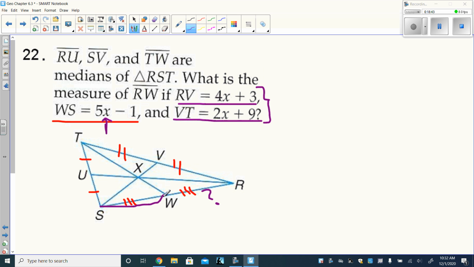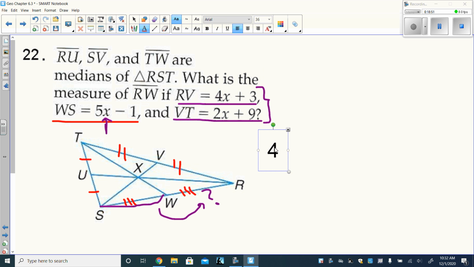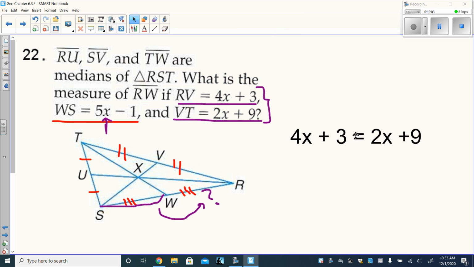And if I know SW's length, I will also know RW. So for us to start, we're going to start out with 4x plus 3 is equal to 2x plus 9. This is where we're going to start, because I need to find the value of x first. And once I find the value of x, I can plug it back in to WS to find WR.